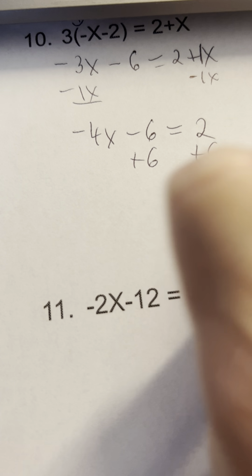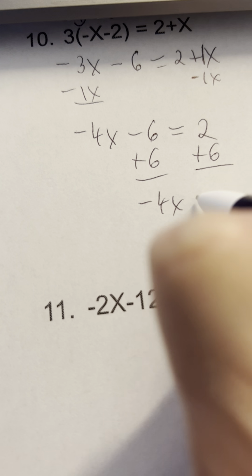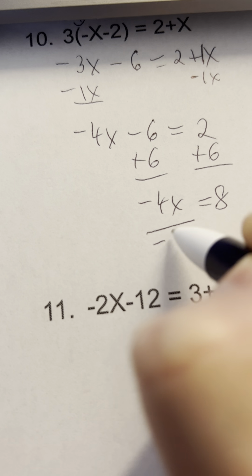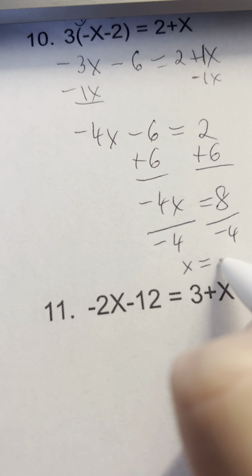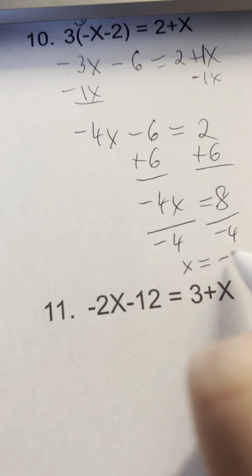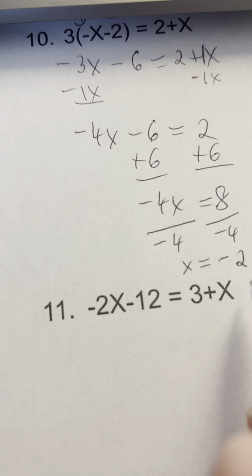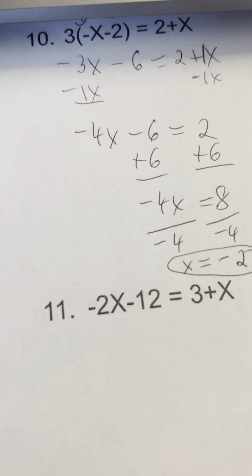Plus 6 to both sides. -4x equals 8. And last step, divide by -4. -2. All right, let's check our answer real quick.